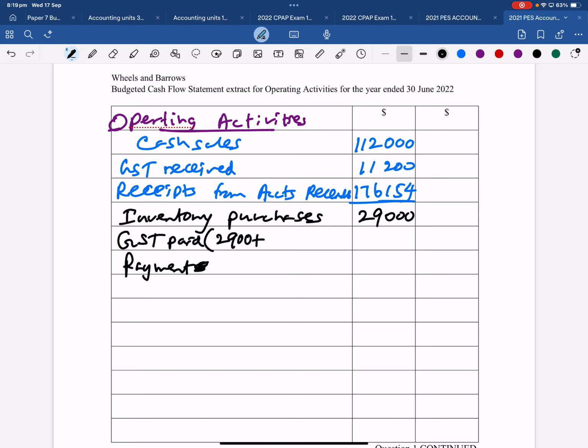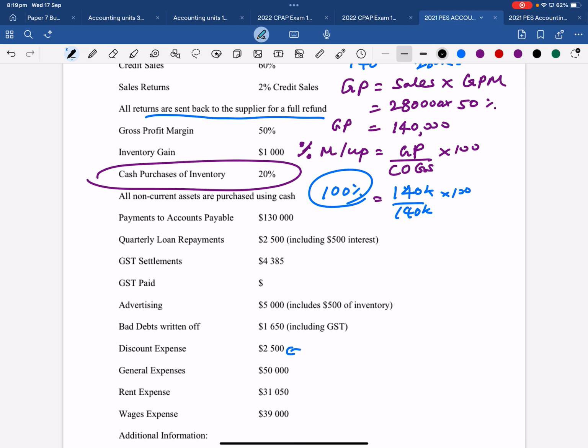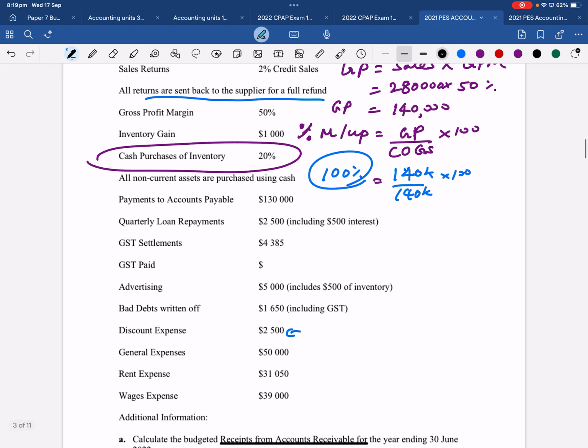Payments to accounts payable is how much? 130,000. Do we identify GST for this one? No. Okay, we don't identify GST because by the time we purchase it on credit, we identified our GST.